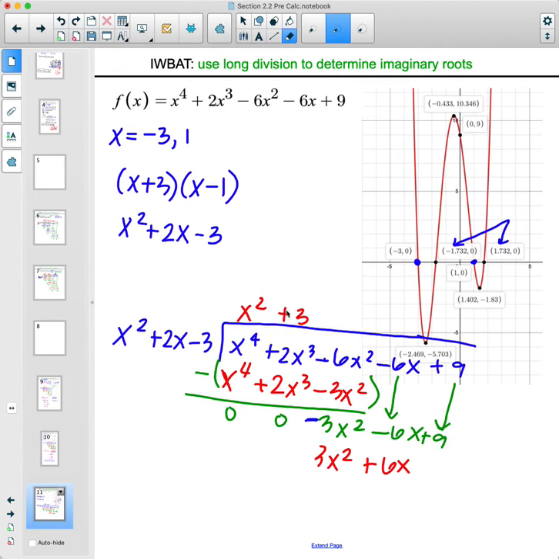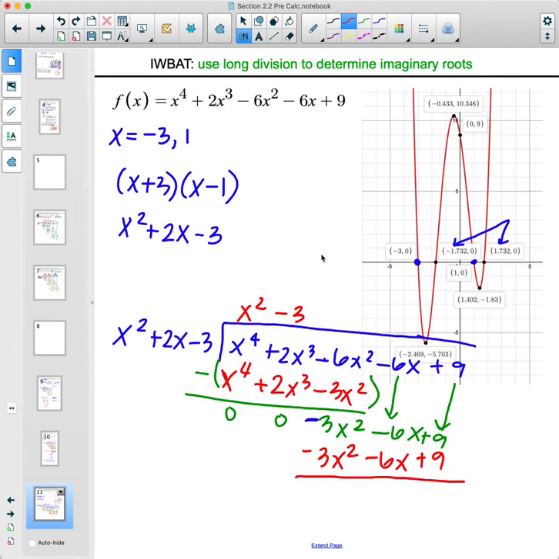So if that was negative 3x squared, then I actually needed to multiply by negative 3 for those to match. So negative 3 times negative 3 times x squared would be negative 3x squared. Negative 3 times 2x is negative 6x. Negative 3 times negative 3 is plus 9. So if your math isn't working out, trust it. Go back and look and see if you made a mistake.